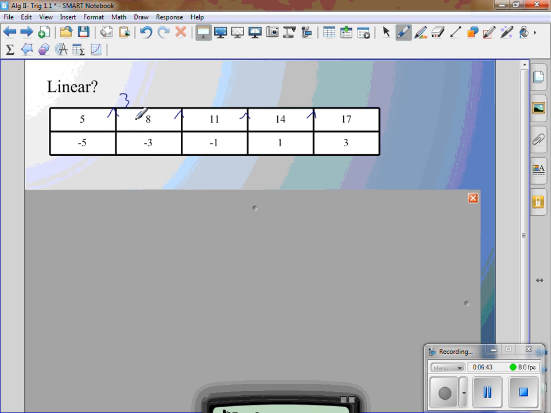And you double check to make sure. Just because the first 3 did, don't automatically think the last one has to also. The bottom, what am I stepping by? I'm going up 2, up 2, up 2. All of them are 2. All the top by 3, all the bottom by 2. They're all the same. If I were to graph this, this would be linear.